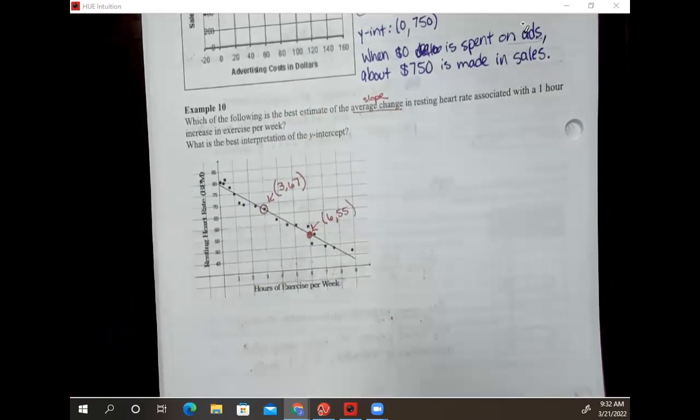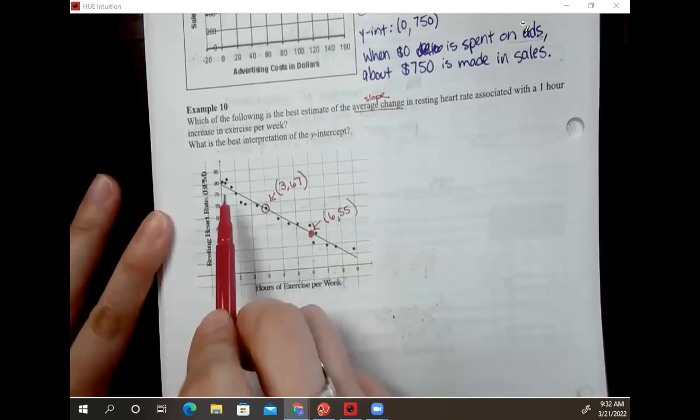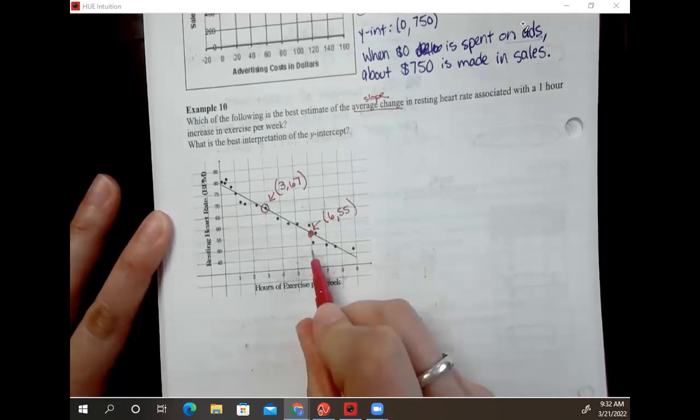Again, you don't have to use the points that I picked. If you use different points than what I picked, again, just try to make this easy on yourself by picking the nicest points that you can, but your slope may be slightly different if you don't use the same points that I do. That's okay, it should still be close, but just make sure you are picking points from the line and not points that are off the line.